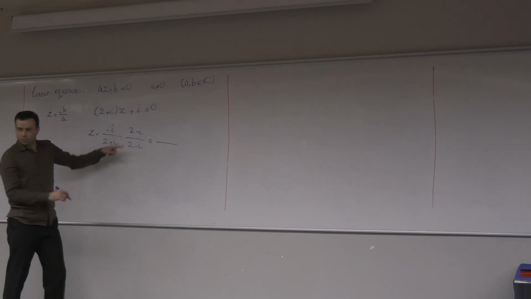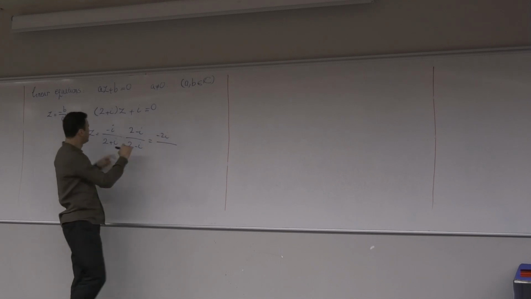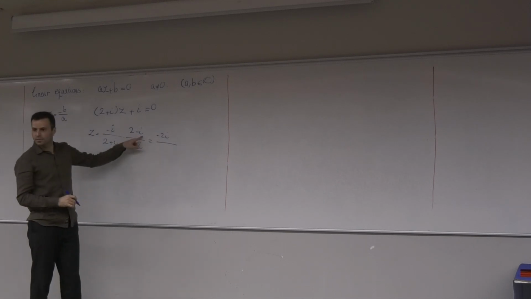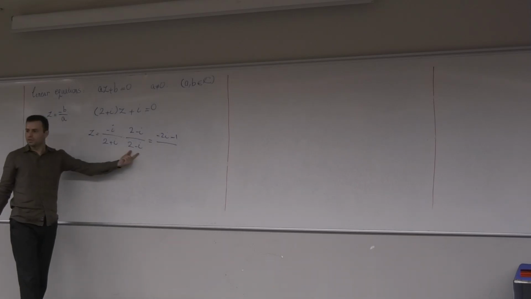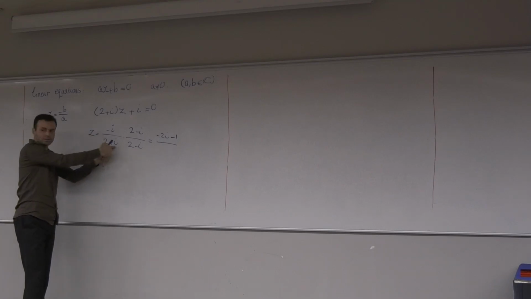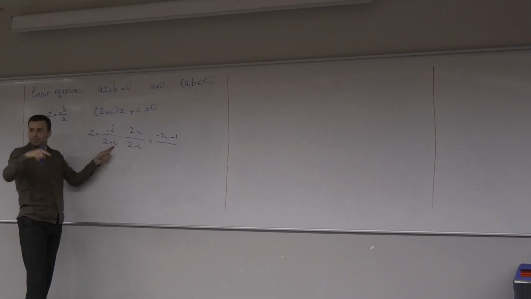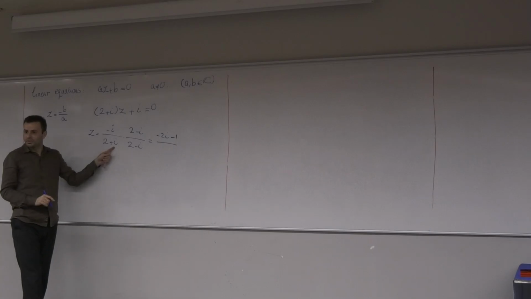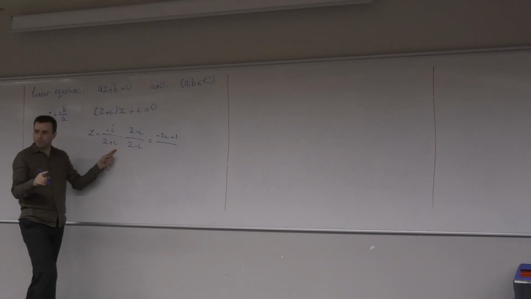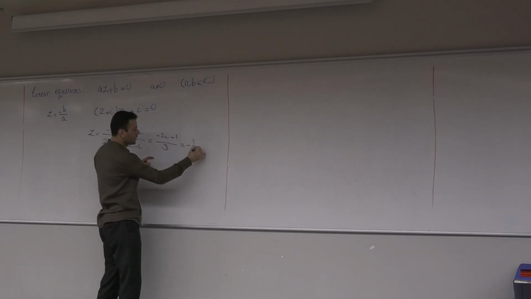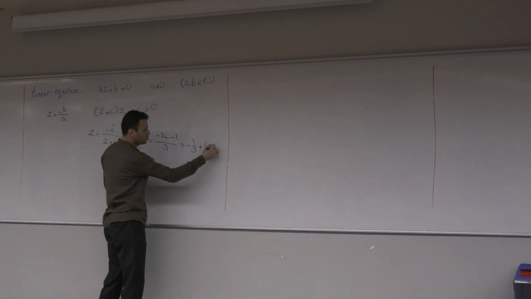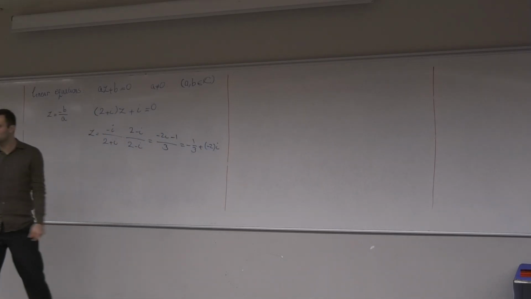Minus i times 2, minus 2i, minus i times minus i, plus i squared, which is minus 1, divided by the modulus squared: 2 to the power of 2 plus 1 to the power of 2, which is 4 plus 1, 5. So this is going to be minus 1 over 5 plus minus 2 over 5 times i.